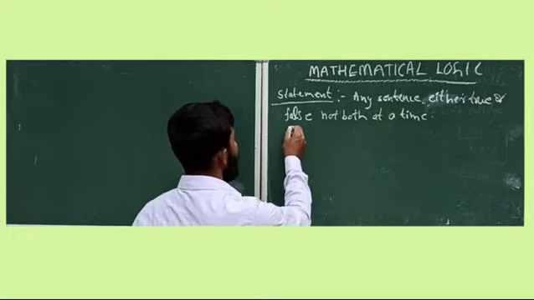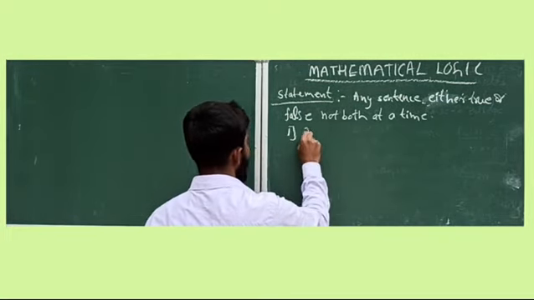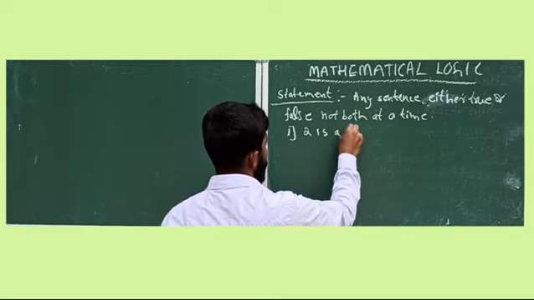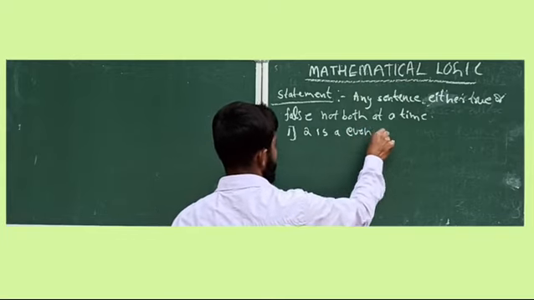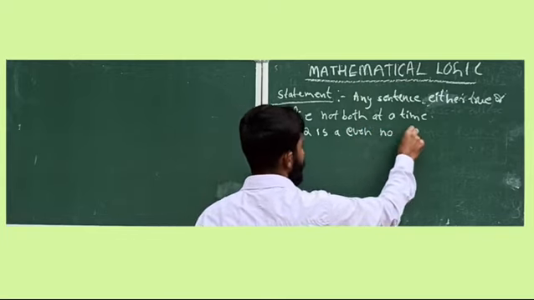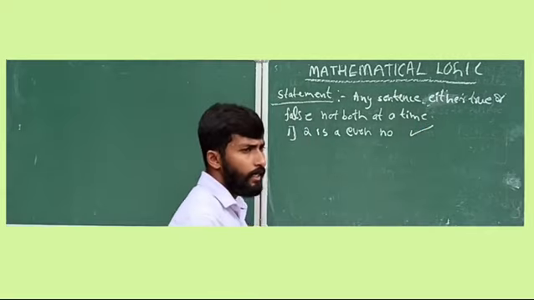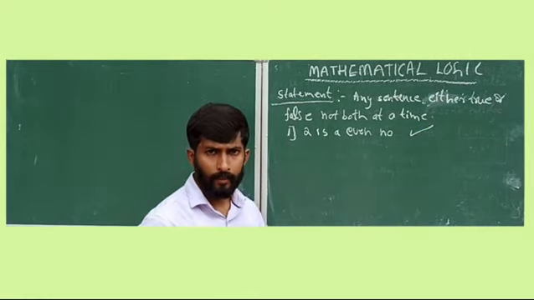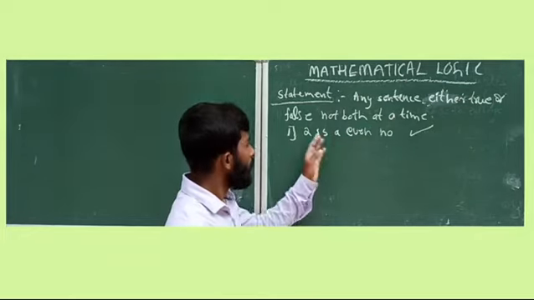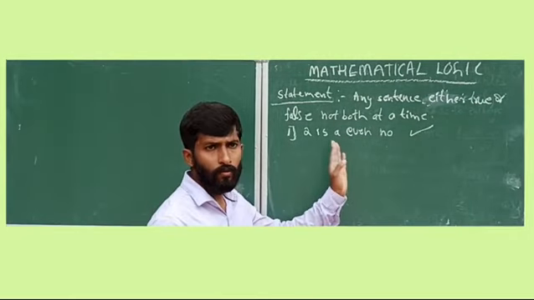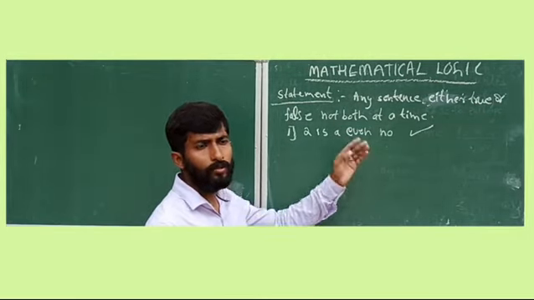For example, the first one I am taking: 2 is an even number. True or false? It's true, right? Therefore, it's an example for a mathematical statement. Here there is no confusion. Clearly we can say it's true, not both true and false.